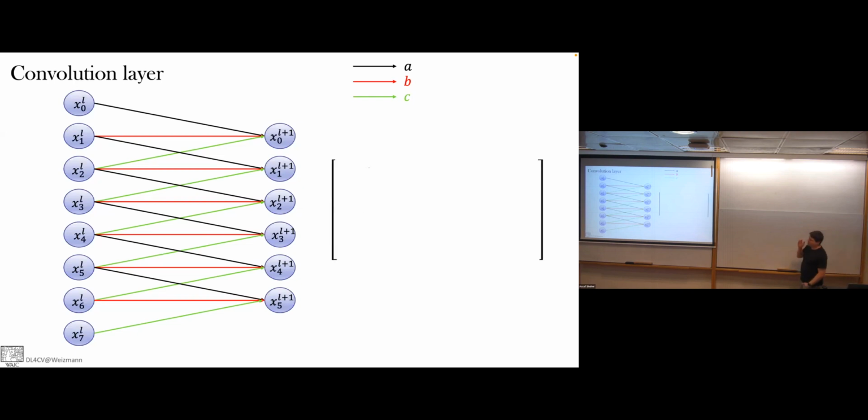Now, try to help me out here. I want to formalize this specific example as a matrix multiplication. Okay? So the output vector equals this matrix multiplied by the input vector. And what do you think is going to be right here at the top left?